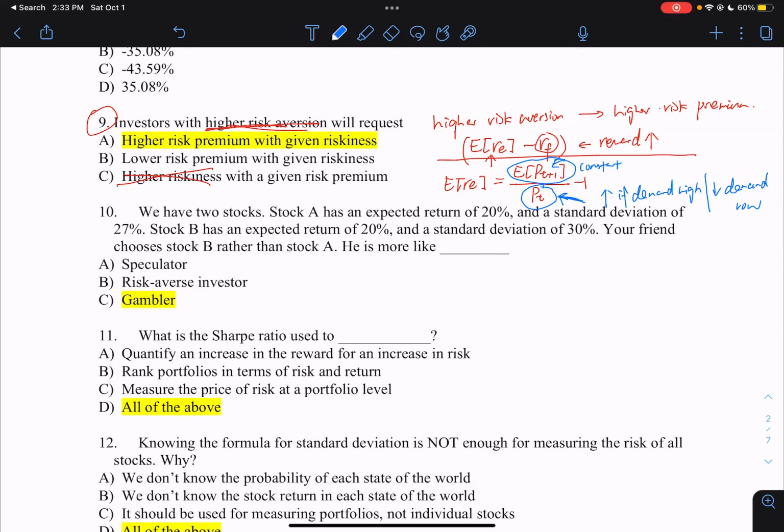Then here's the thing. If the investor is very risk averse, he or she does not want to hold the risky asset unless the price is low enough, right? If the price is very high, you cannot get a lot of expected return out of it. So you think the reward is not good enough for me to take the risk.